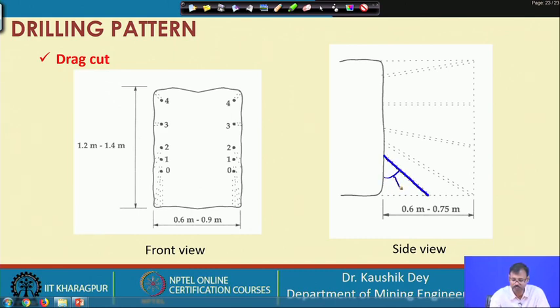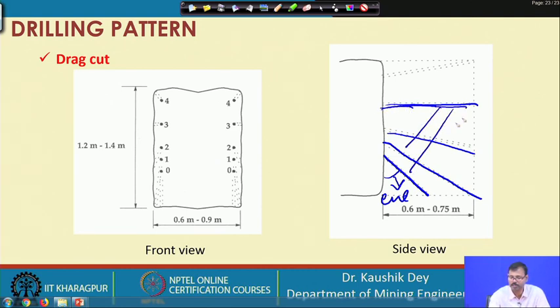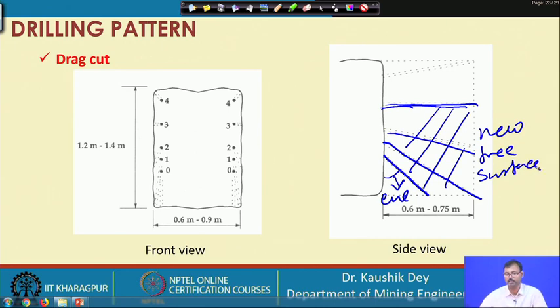So, this is the first cut, then the cuts are spread with these holes. Finally, this is the position where the new free surface is created.